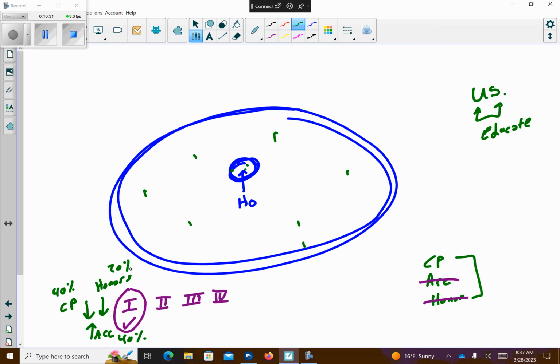Now, let's take us back to this. When they said that the United States ranked 26th amongst other industrialized nations as far as mathematics went and as far as education went, that is such an incorrect thing to say, because we, for the most part, educate all of our students.